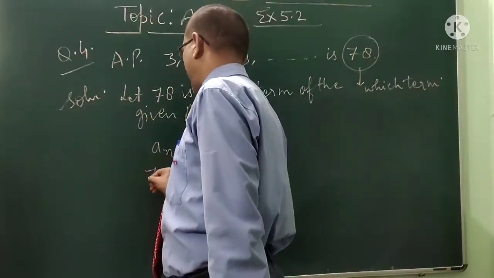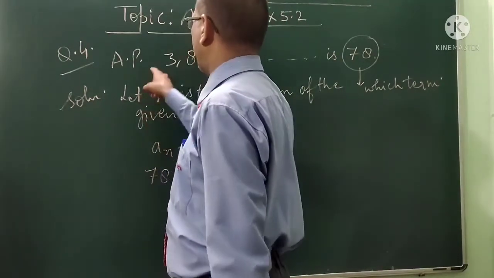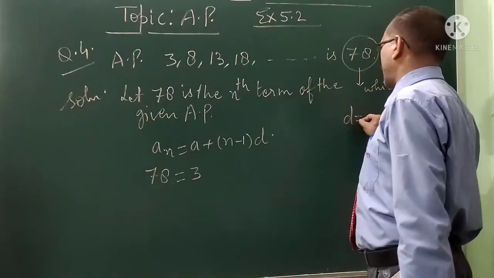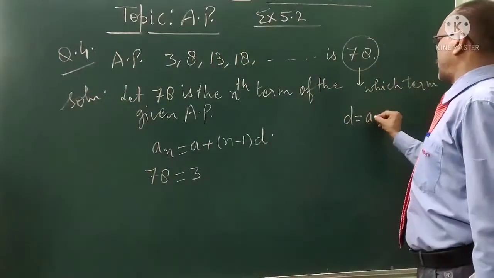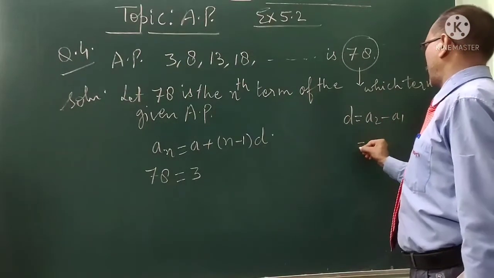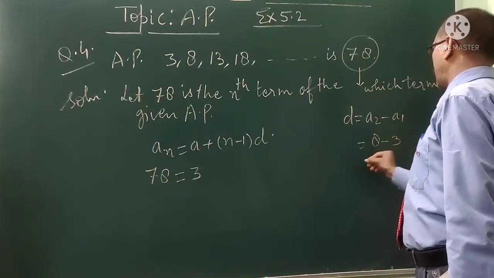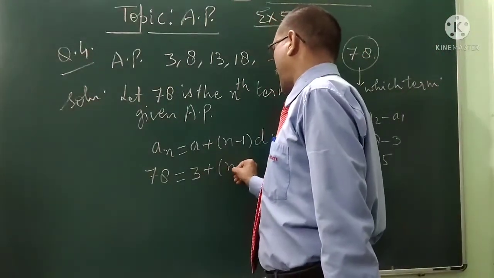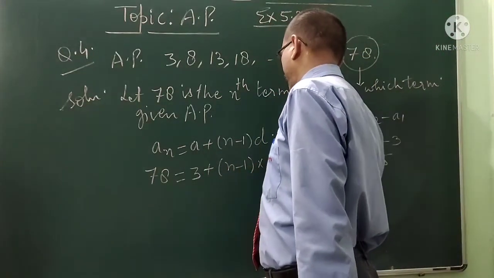It is 78. The first term is 3 here. Now let us find d. d is called the common difference, which is a2 minus a1. So it is 8 minus 3, which is 5. So 78 equals 3 plus n minus 1 into 5.